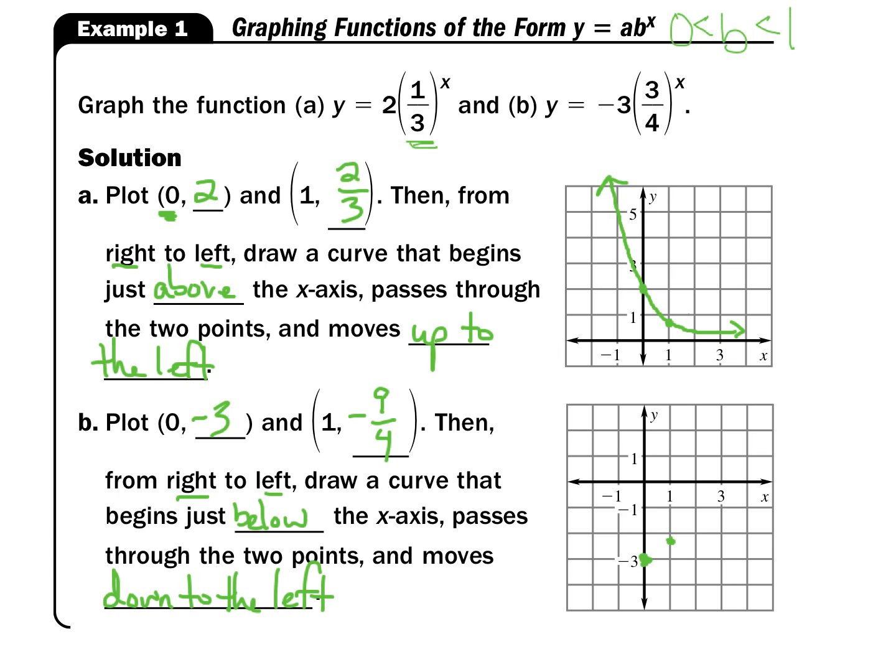So it begins just below the x-axis and moves down to the left. Exponential growth would get steeper and steeper as you move to the right. In this case, for exponential decay, we're moving steeper and steeper as we move to the left.